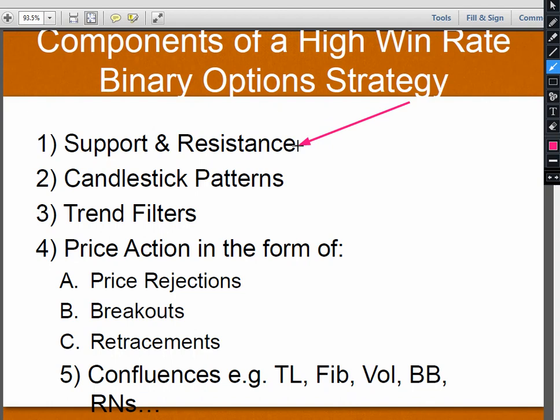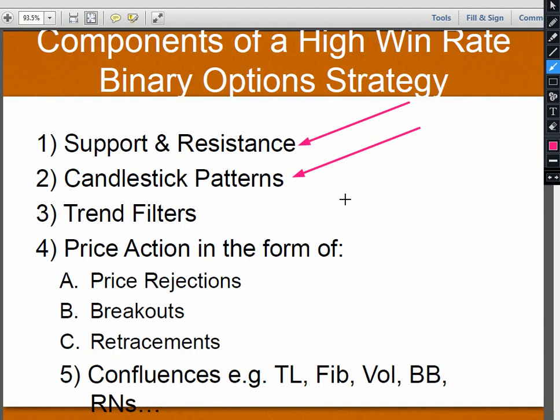Number 1, always include support and resistance areas or levels. No matter what strategy you use, support and resistance will increase your win ratio. Number 2, candlestick patterns. Candlestick patterns like engulfing patterns or pin bars or inside bars or dojis are powerful signals. We use them to enter the trade.